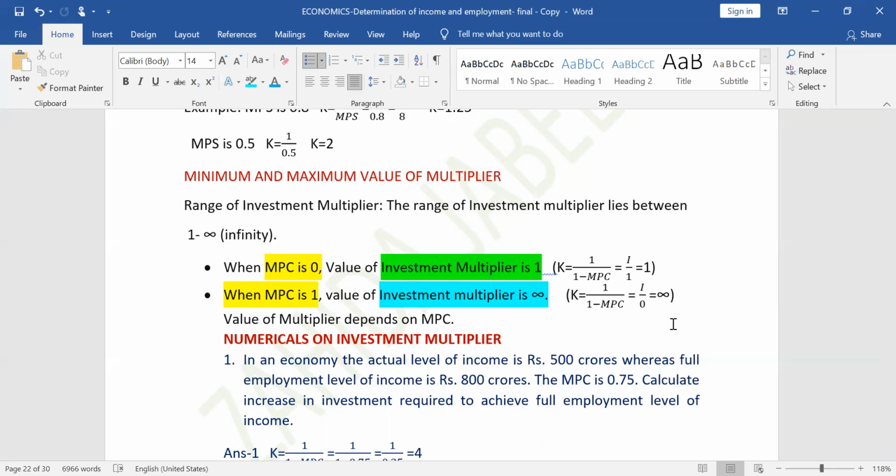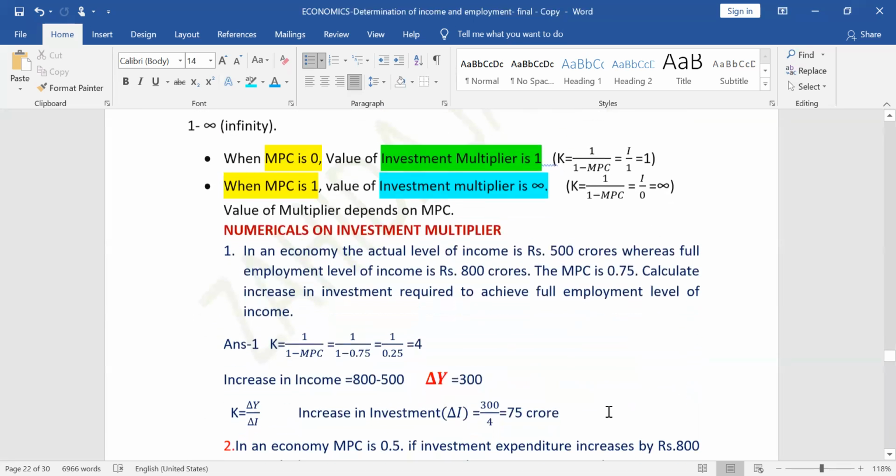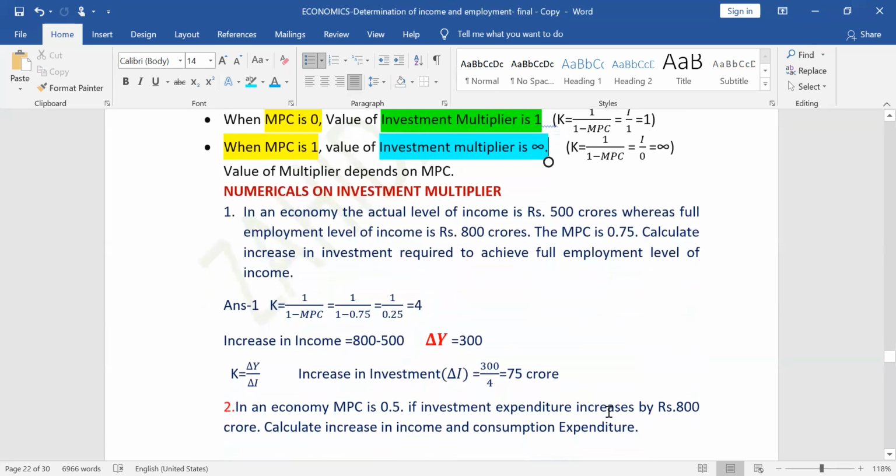So here the value of investment multiplier is infinity when MPC is 1. And when MPC is 0, investment multiplier is 1. And when MPC is 1, investment multiplier is infinity. Numericals can be asked on the basis of these formulas.